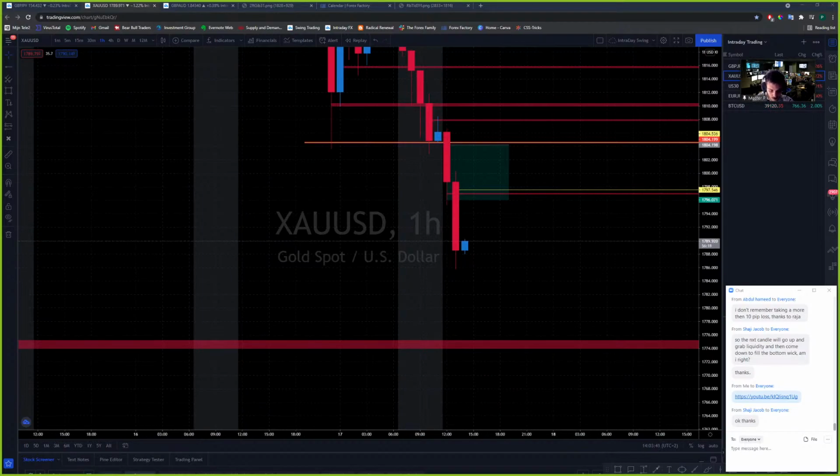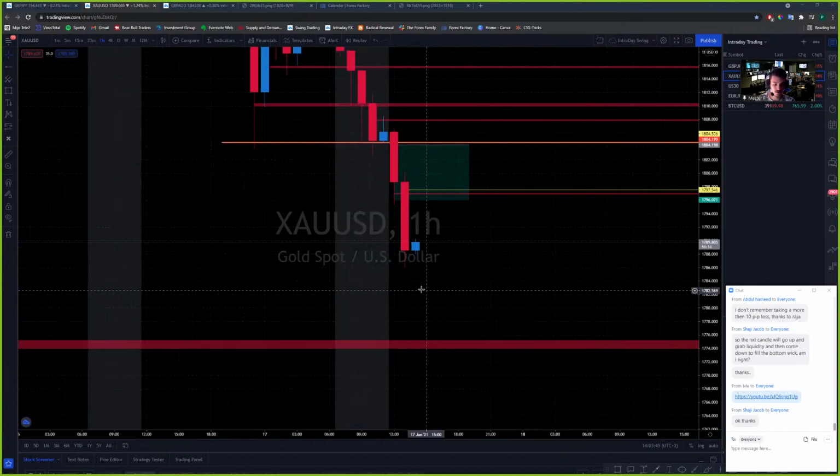What time is news coming out? In 27 minutes news is coming out. I think we don't want the current candle to pass the high of the previous candle on gold, which it would have to get to 85.